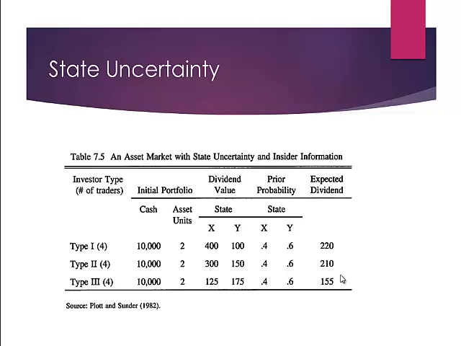So they will want to buy the asset for 400 from type 2 and type 3, who know that regardless of what the value is, it's not going to be 400. So type 1 will buy up all of the assets from type 2 and type 3, and also the assets from the outsiders, because the outsiders don't know the state, so for them the value is 220. So they will buy up the assets from everybody.